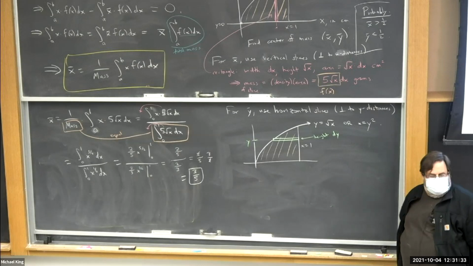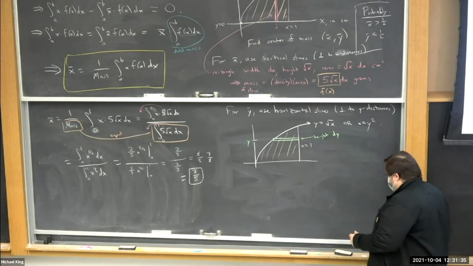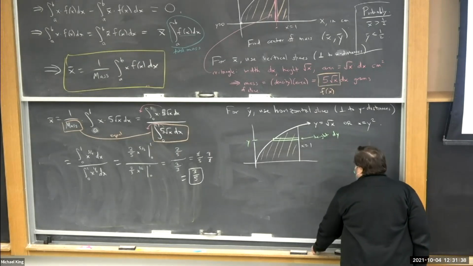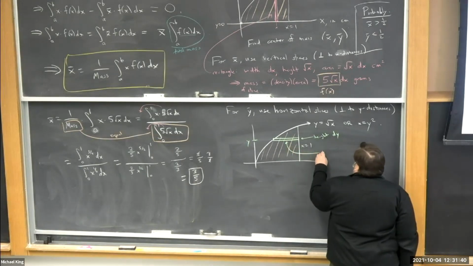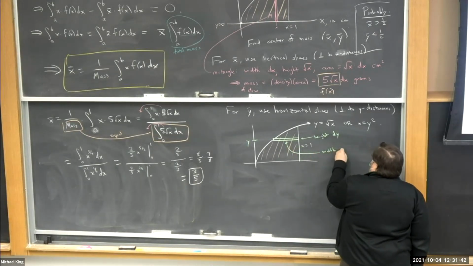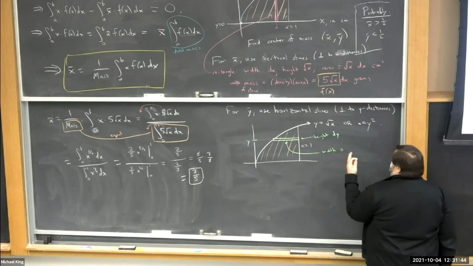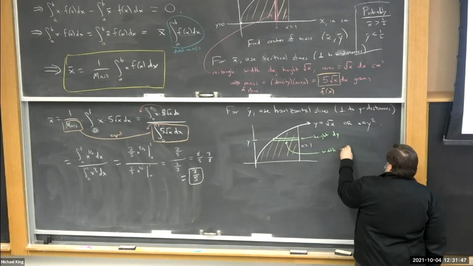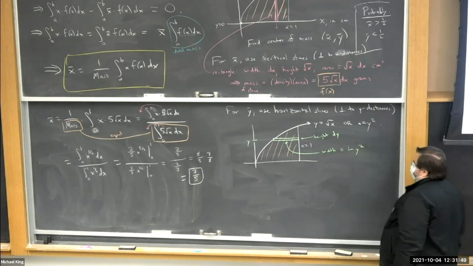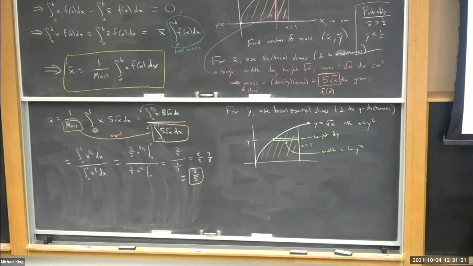Is everybody getting there that the width of the rectangle is actually 1 minus y squared? It's really the right endpoint minus the left endpoint. My equation for mass was 5y squared times dy.